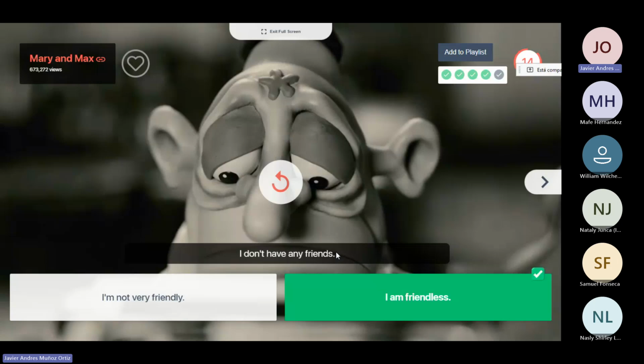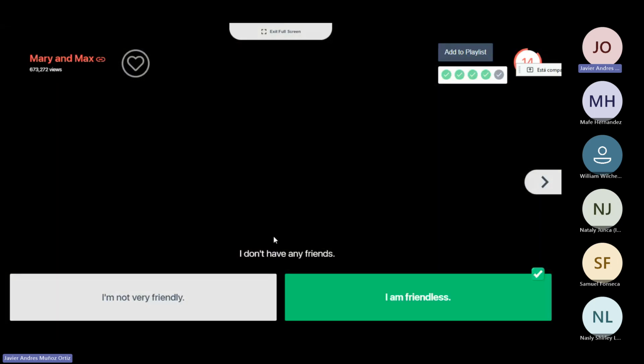For example, if the character is sad, you repeat it, you imitate his sadness. If the character is happy, you repeat the words he's saying, being happy, right? With imitation. Don't say just, I don't have any friends. No. The same way he does it. I don't have any friends.